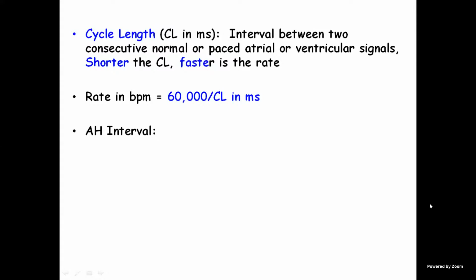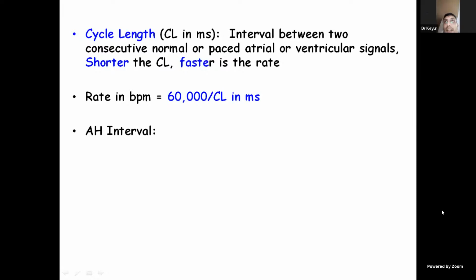Dr. Deepak, how do you measure the AH interval? Even if you guys don't know, we can just discuss it as we go along. Deepak, do you want to go ahead? Kevor, you want to tell them how do you measure the AH interval?